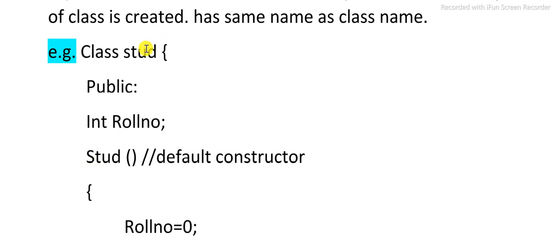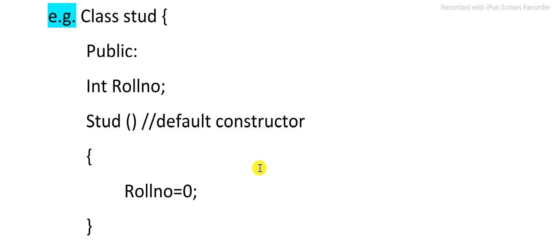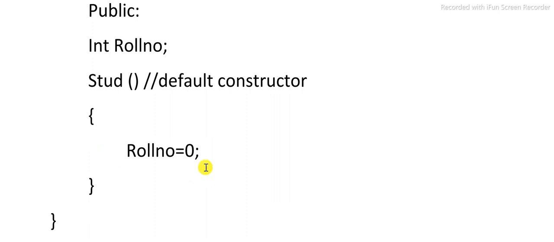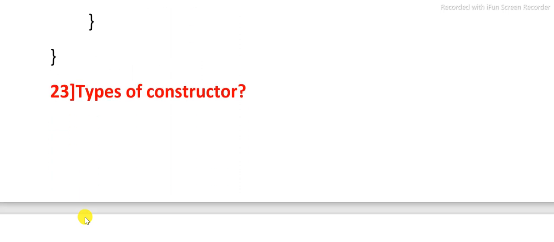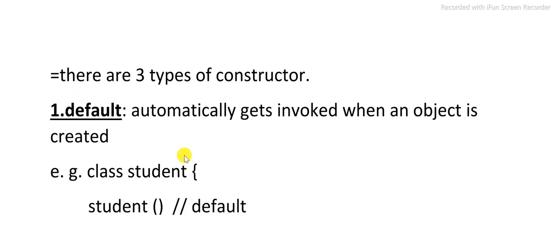The constructor name is the same as the class name, only it has open and close parenthesis. So this is the default constructor, and this constructor has only one statement, roll number equals 0. Constructor close, class close.